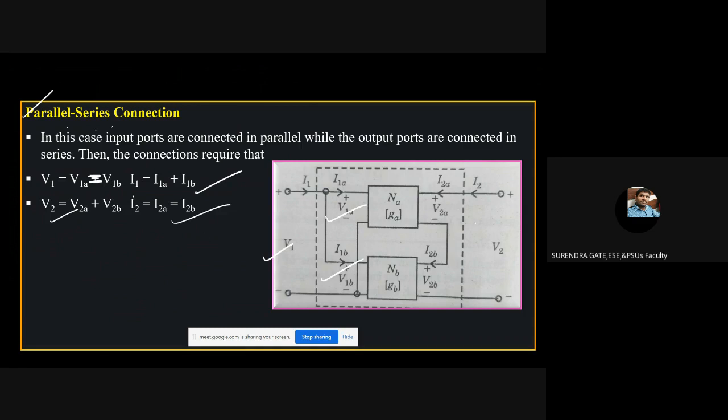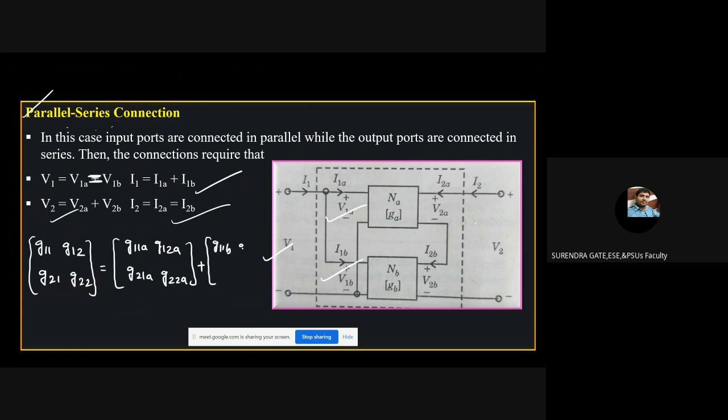Clear? Then in this case also, directly I am writing, for the parallel series connection, the resultant G parameters: G11, G12, G21, G22 equal to the matrix G11A, G12A, G21A, G22A plus the matrix G11B, G12B, G21B, G22B.